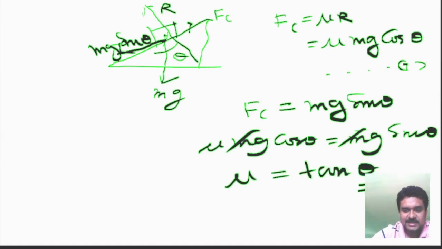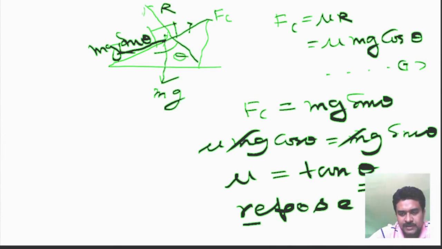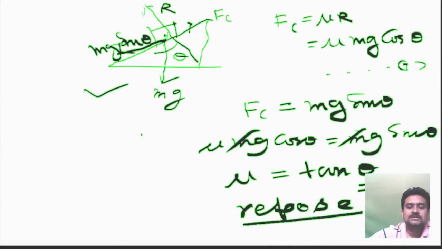This angle in this case is called the angle of repose. So just by using an inclined plane, if you are able to measure the angle theta, then by putting in theta you can calculate mu, that is the coefficient of friction between the body and the surface of the inclined plane.